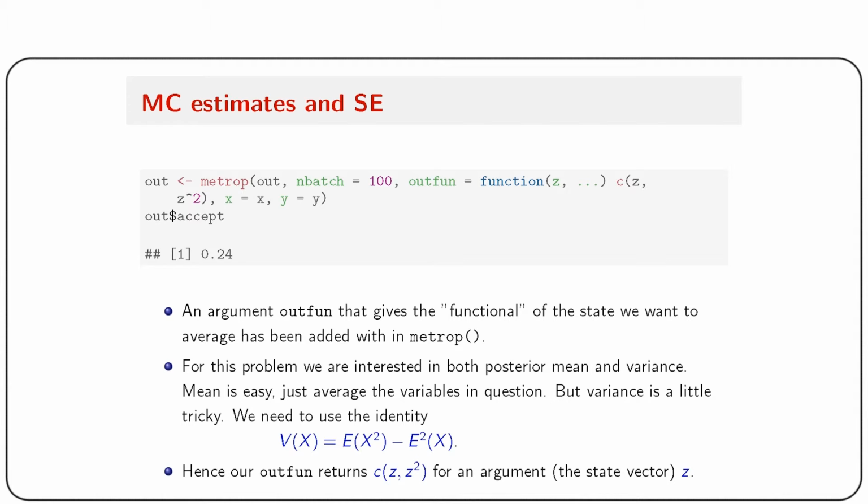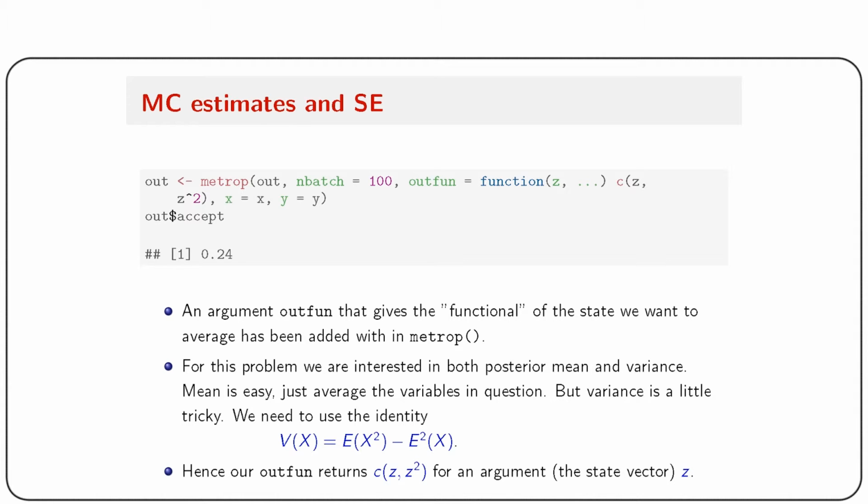It will give you z and z squared, and the out acceptance rate is 0.24, which is acceptable. An argument outfun that gives the functional of the state we want to average has been added within Metrop. For this problem, we are interested in both the posterior mean and variance; the mean is easy.